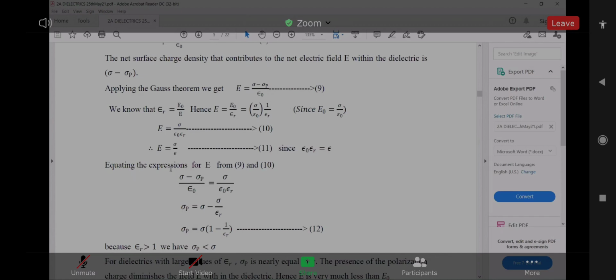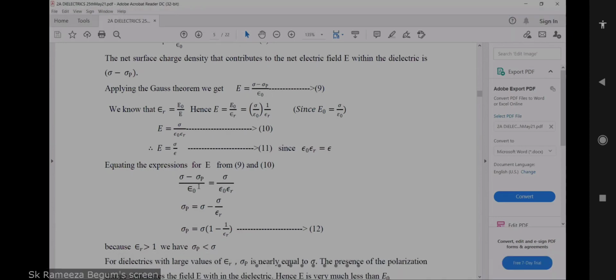Equating the expressions for E from equations 9 and 10: (sigma minus sigma_p) by epsilon naught is equal to sigma by epsilon naught epsilon_r.